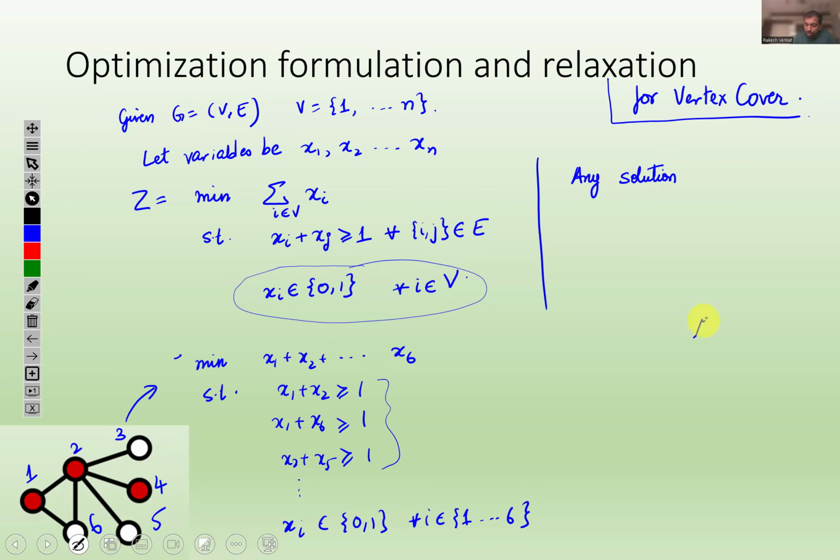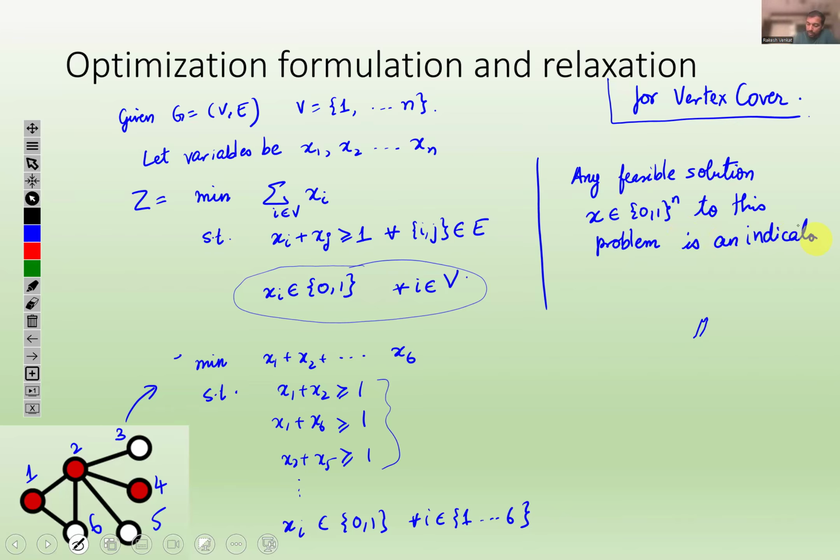Any solution, so let me be a bit more precise, any feasible solution to this problem is actually what is going to be an independent set in G. So it's the indicator vector.